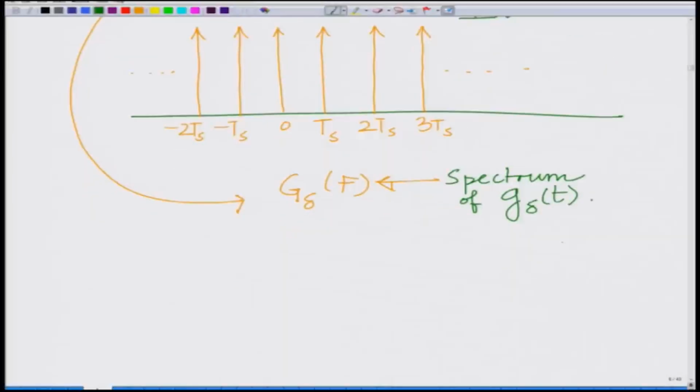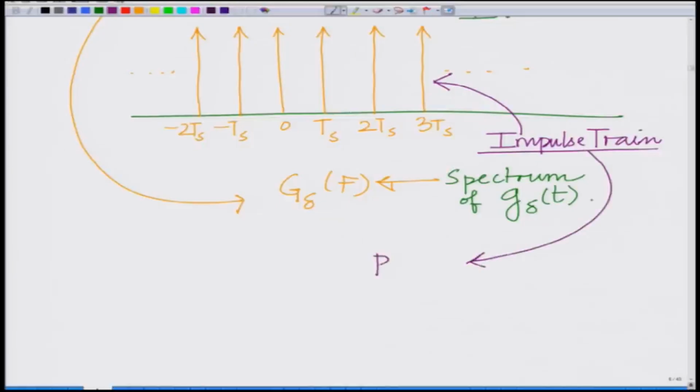Now, you will realize this impulse train is a periodic signal.